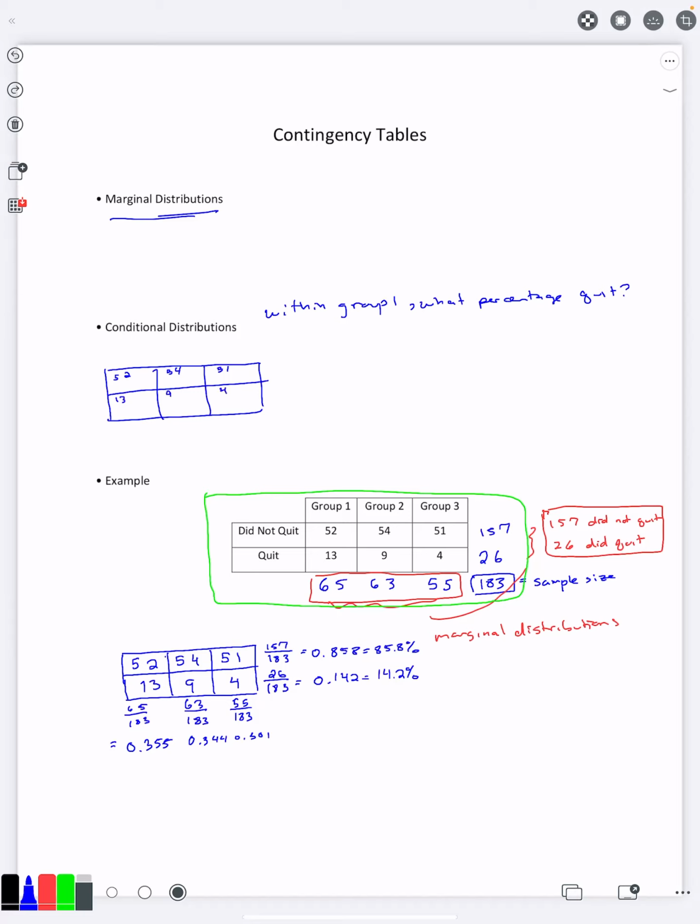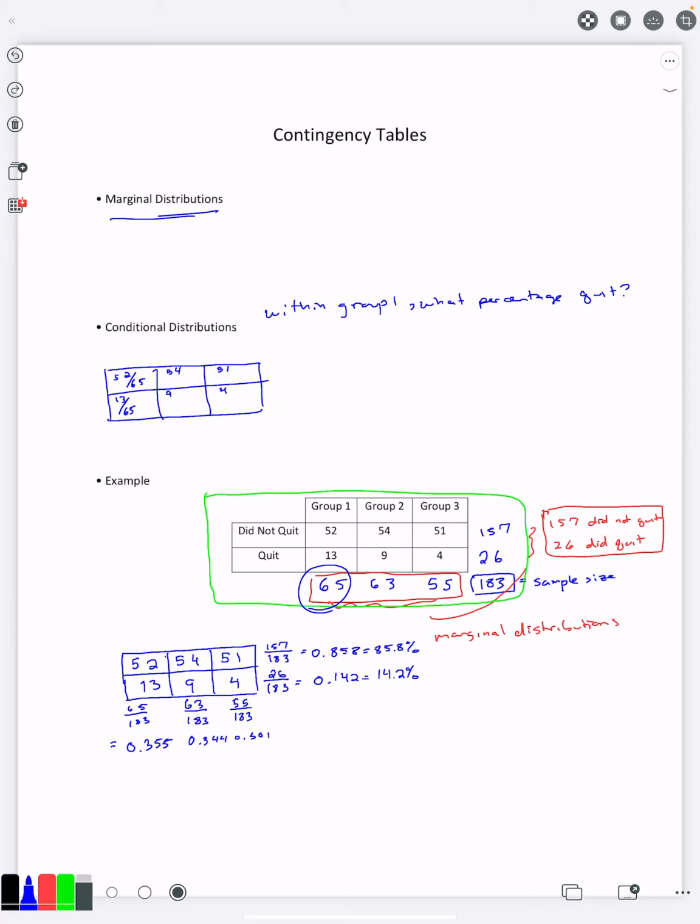Now what I'm going to say is, okay, within group 1, we know 52 did not quit and 13 did quit, and we know that there's a total of 65 in group 1. So then what's the percentage within group 1 that did this? I could divide those by the number of people in group 1.